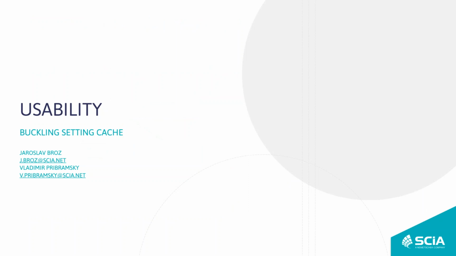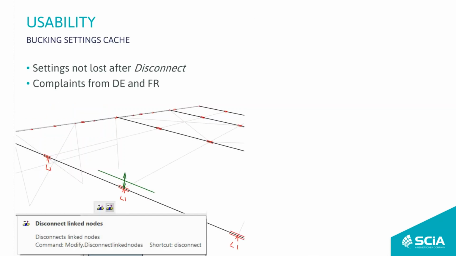The last topic which we will cover in this presentation during this webinar is the topic of usability and speed. Firstly, I would like to speak about the buckling and the buckling settings cache.